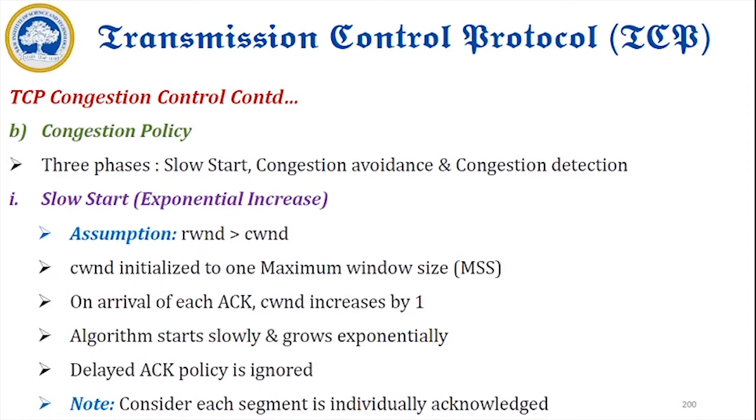So the congestion window starts at 1 MSS, and it increases by one maximum segment size each time an acknowledgement arrives. This mechanism ignores delayed acknowledgement packets, and assumes that each segment is acknowledged individually.